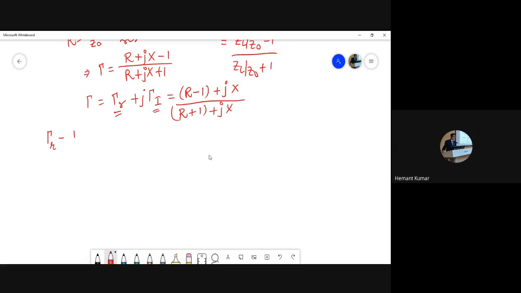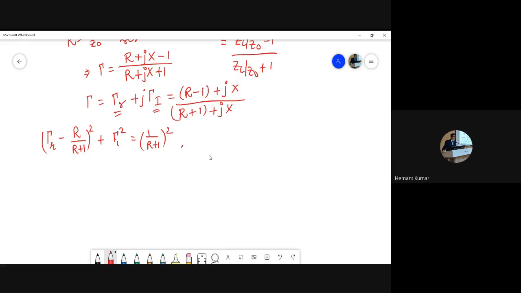The first equation: (gamma R minus R upon R plus 1) whole square plus gamma I square is equal to 1 upon (R plus 1) whole square.